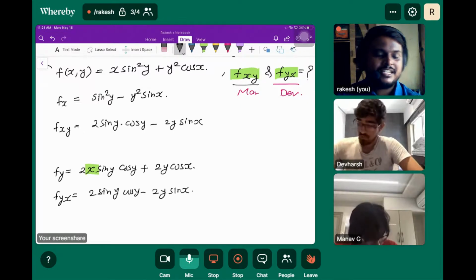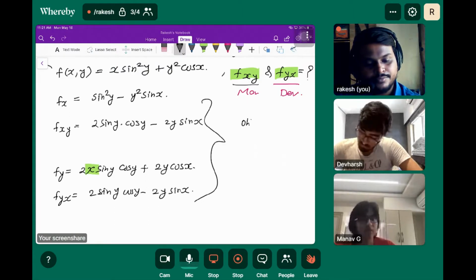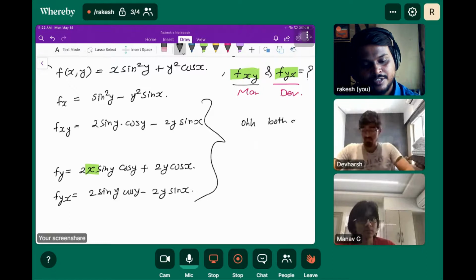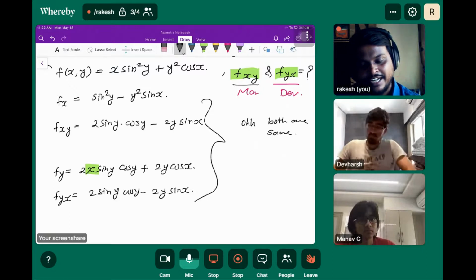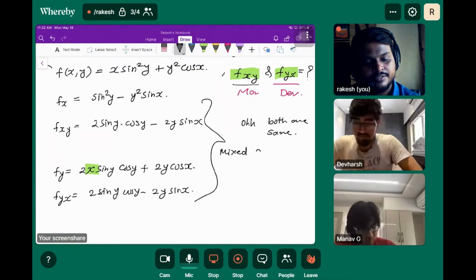So this is basically saying that the mixed derivative is always equal.